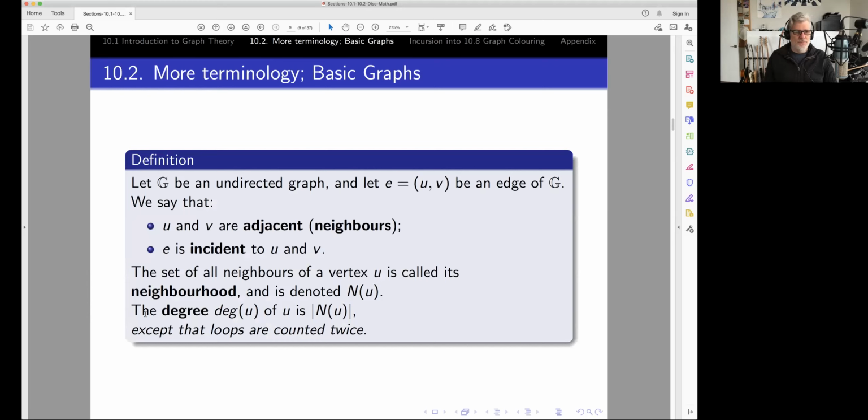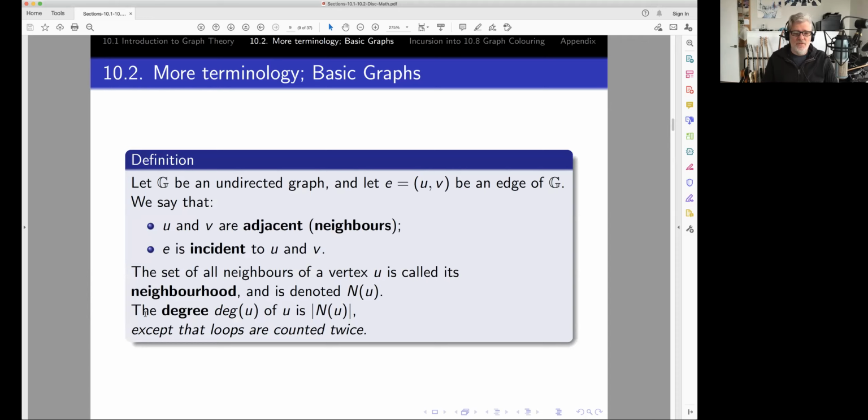More terminology. Okay. So let's say I have a graph G, which is an undirected graph, and I have an edge E, which happens to be the pair {U, V}, where U and V are vertices of G. Then this is very standard terminology.